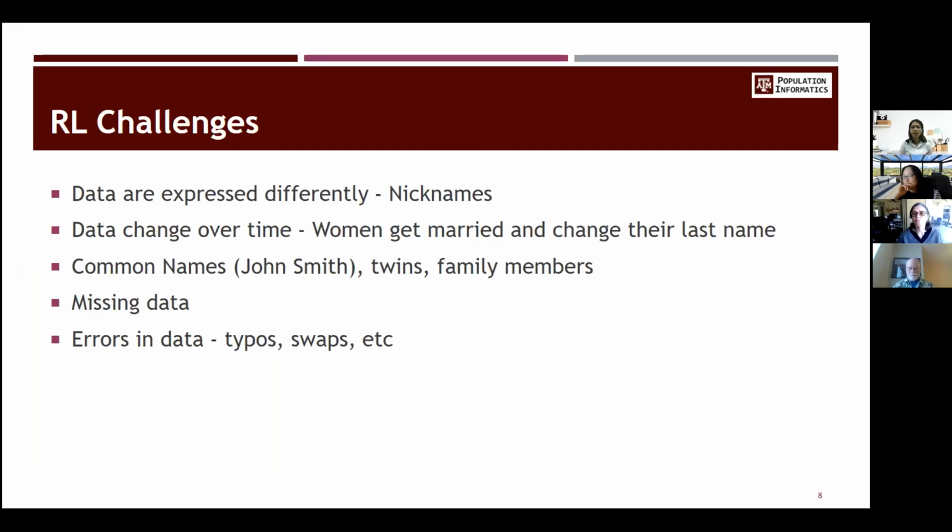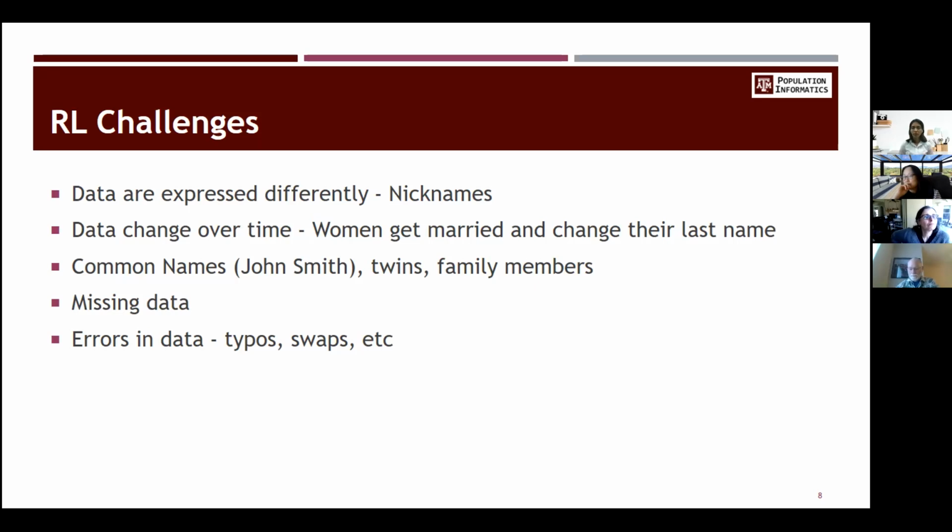These are the challenges and issues that we will see when we are doing a real-world record linkage problem. Data can be expressed differently. For example, some people use nicknames. Data can change over time. For example, in the US, when some women get married, they change their last name.